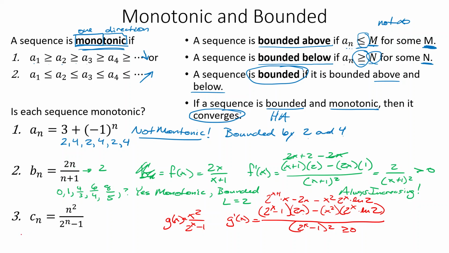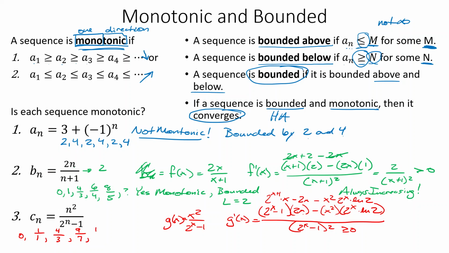If we plug in 0, we're at 0. If we plug in 1, we've got 1 over 2 minus 1, which is 1. If we plug in 2, we get 4 over 4 minus 1, which is 3. So that's still increasing. What happens if we plug in 3 now? We get 8 minus 1 is 7.